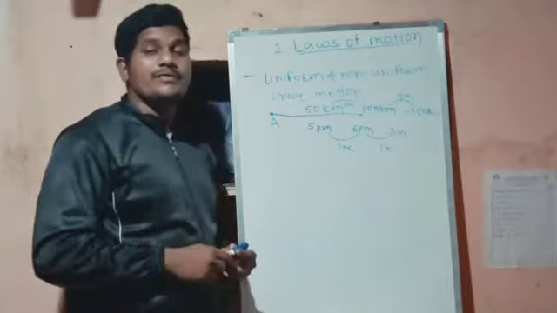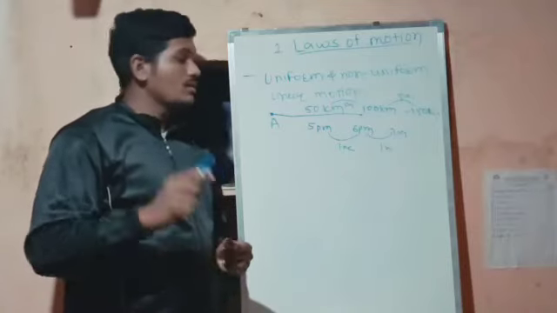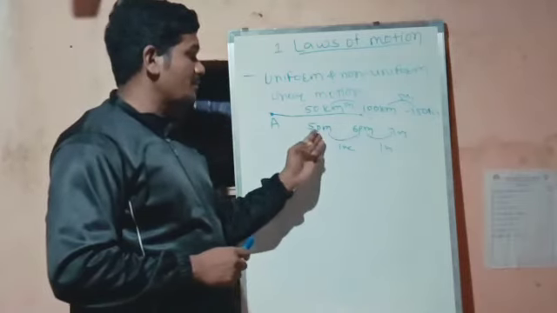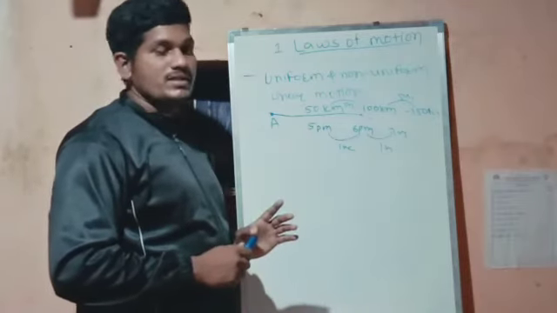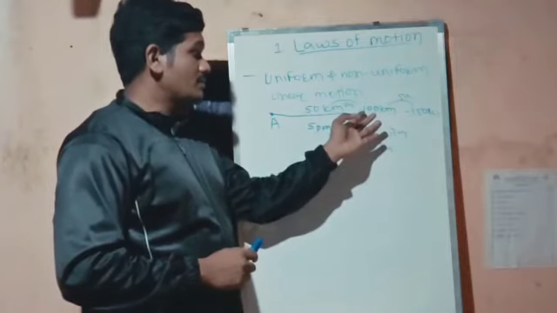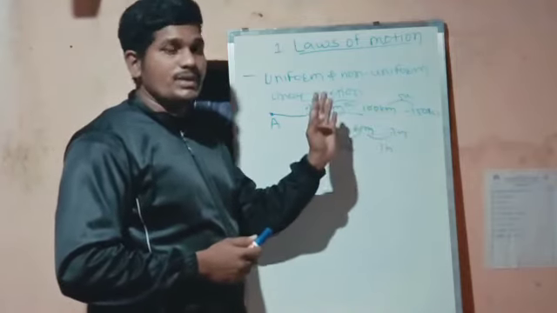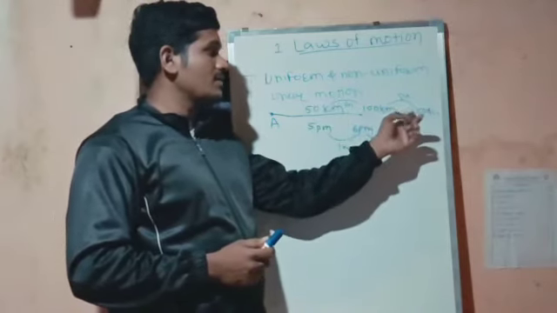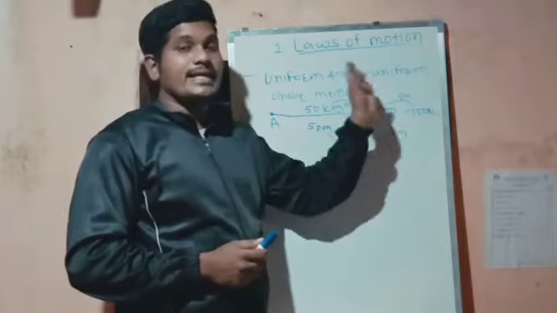Now how can you define non-uniform linear motion? We will understand. Suppose at 5 p.m. 50 kilometers distance is covered. At 6 p.m. it may cover 70 kilometers, or at 7 p.m. it may cover 80 kilometers.